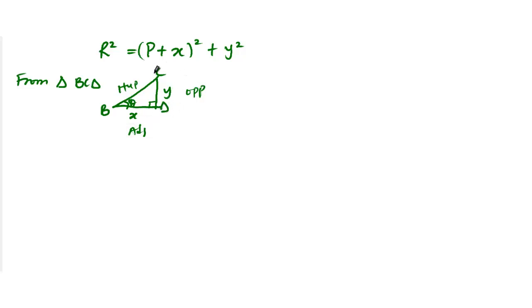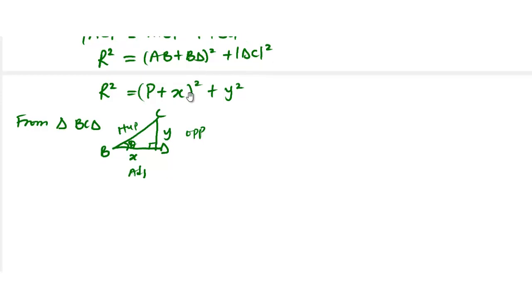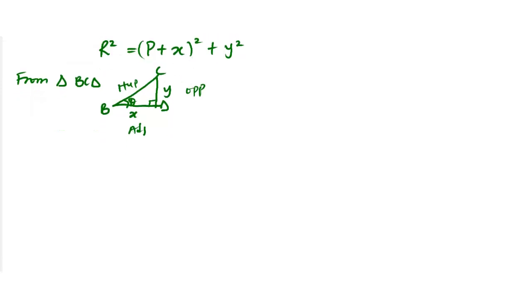For us to solve for X and Y, don't forget that we already know BC. If you look at it, BC is actually Q. Don't forget that, so let me put it here. So we have BC, which is Q. So for me to solve for Y, that's opposite over hypotenuse.